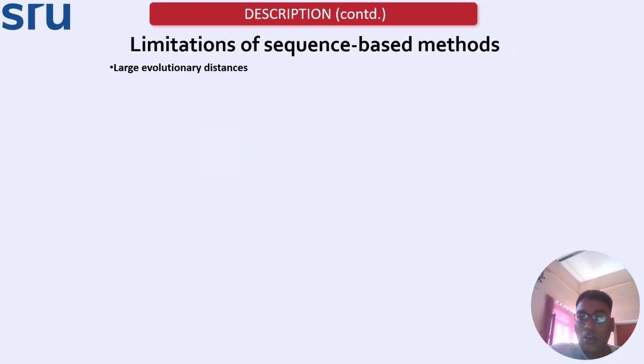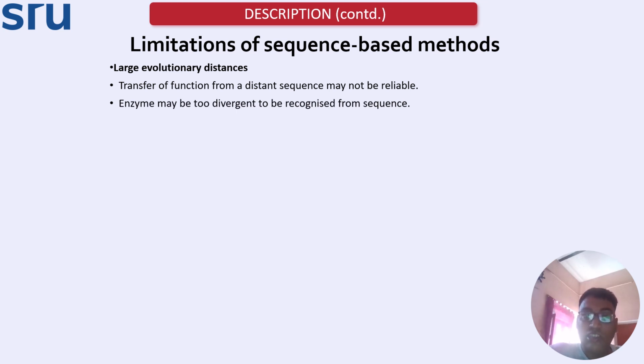But now we know that all prediction algorithms have some limitations. Same goes here: there are large evolutionary distances. Every time I'm transferring function from one sequence to another, specifically for mapping the reaction network, if the distance becomes too large, if the two sequences are very distantly related in evolution, the metabolic network of one sequence cannot be transferred to the other.